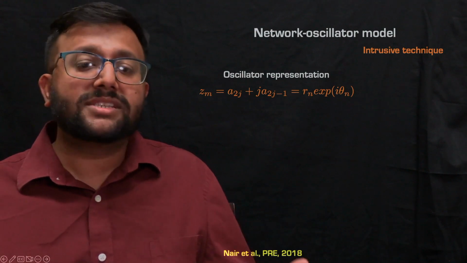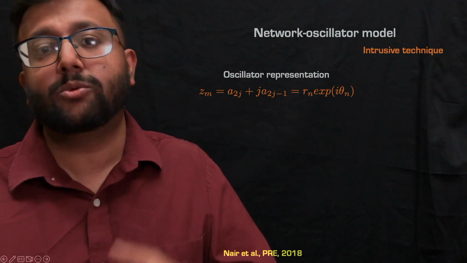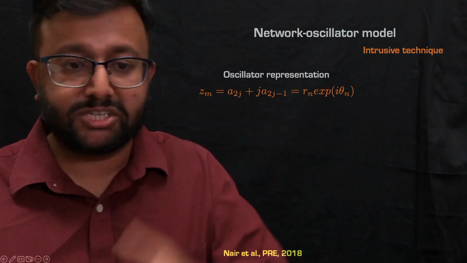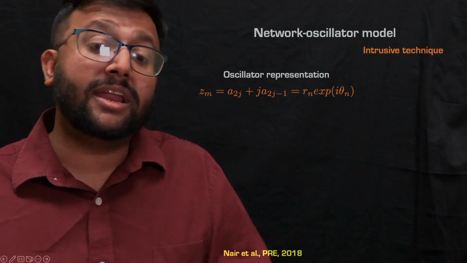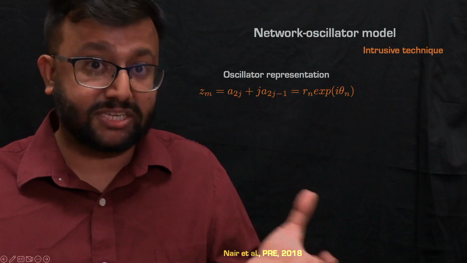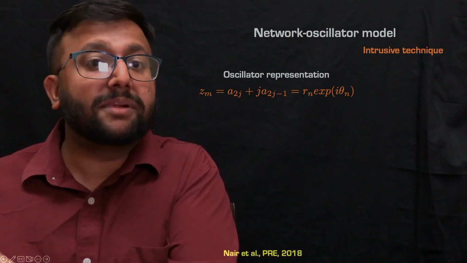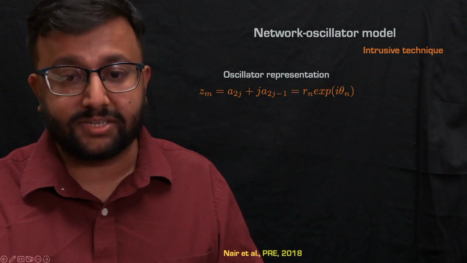For mode 1 and 2, you would have z1 equal to a1 plus j a2, where j is your imaginary unit, right? In polar coordinates, it gives us the amplitude and phase of this oscillator system. And you can have multiple different oscillators depending on how many POD modes you use for your analysis.